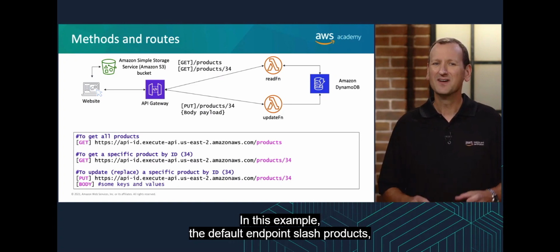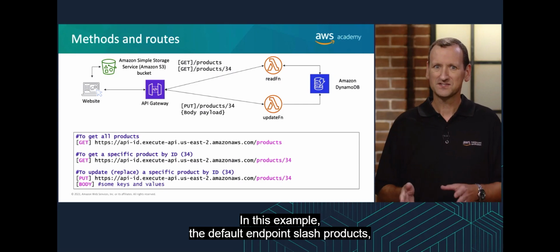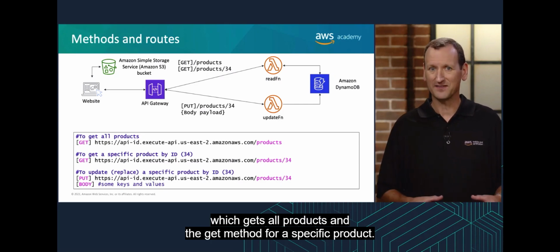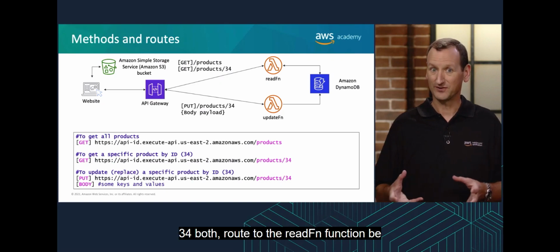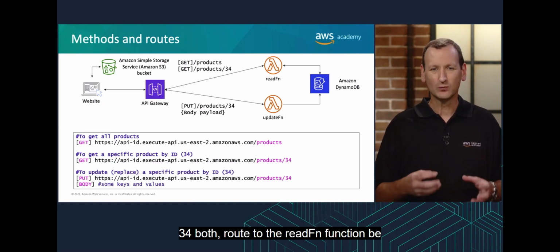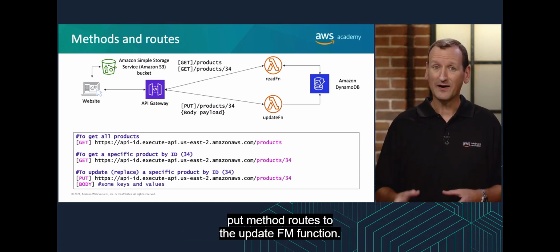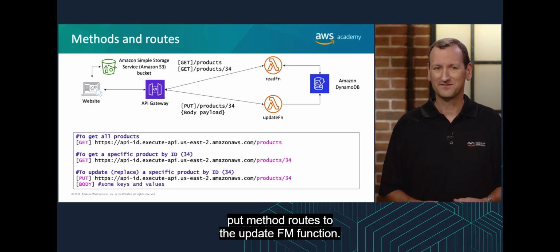In this example, the default endpoint, /products, which gets all products, and the get method for a specific product, 34, both route to the readFN function. The put method routes to the updateFN function.